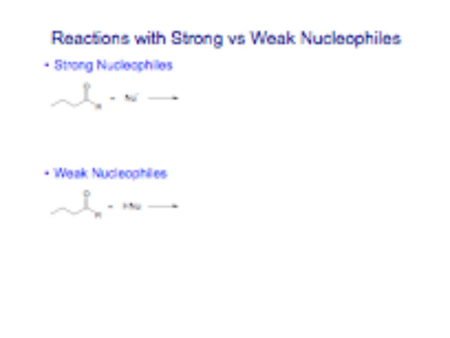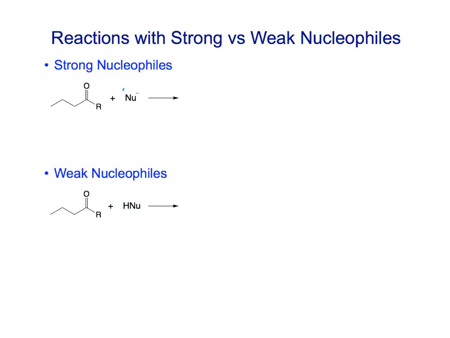Okay, so what we learned in the last chapter was that for both aldehydes and ketones, if we react them with strong nucleophiles, that nucleophile with its minus charge can attack the carbonyl carbon. So that's the delta plus end of the carbonyl, right?